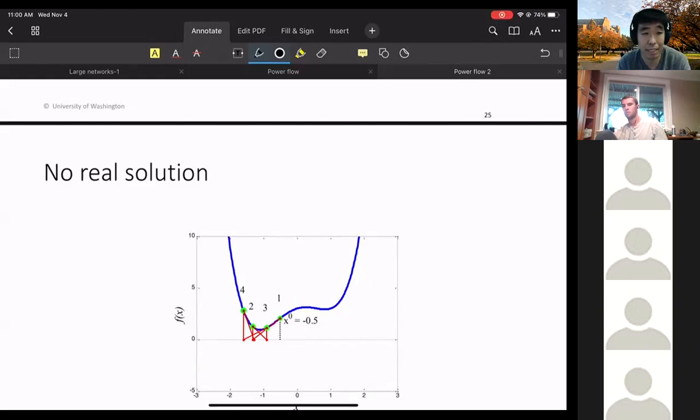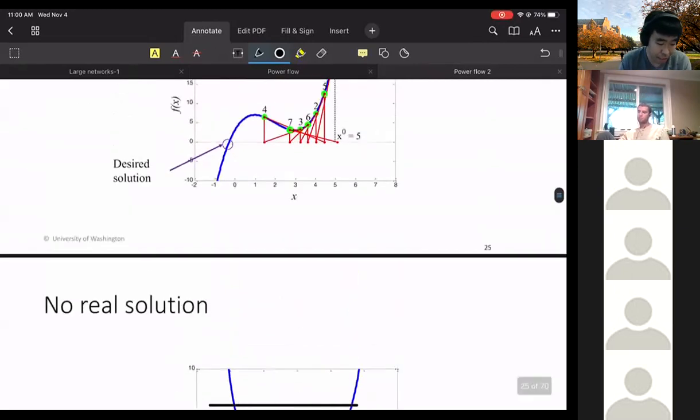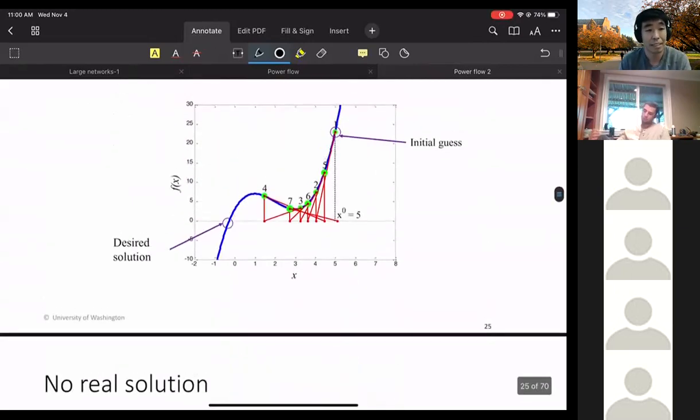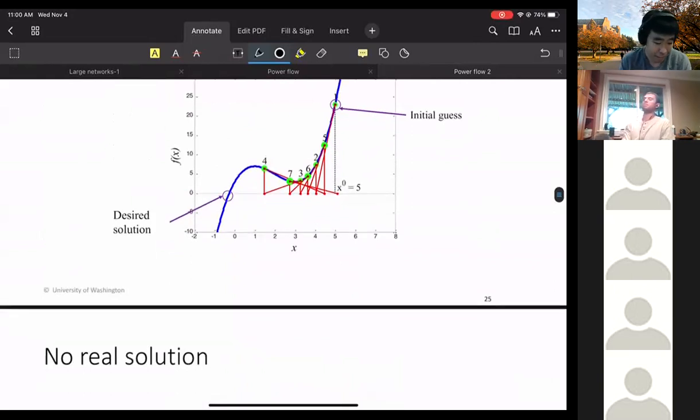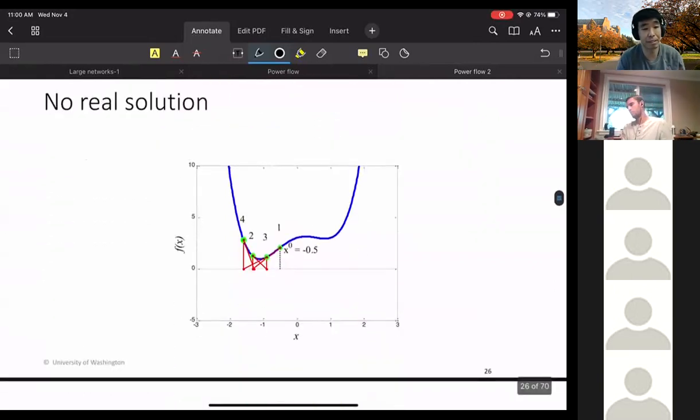You can still run the algorithm and do the update. So if there's no solution, you oscillate. But sometimes when there is a solution, you still oscillate. So it's not clear from the behavior of the algorithm whether there's no solution, or there is a solution and you just happened to pick a bad starting point.